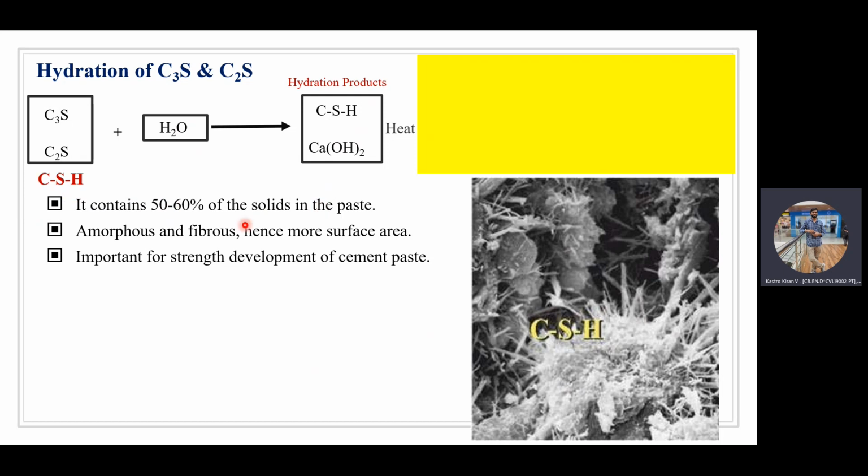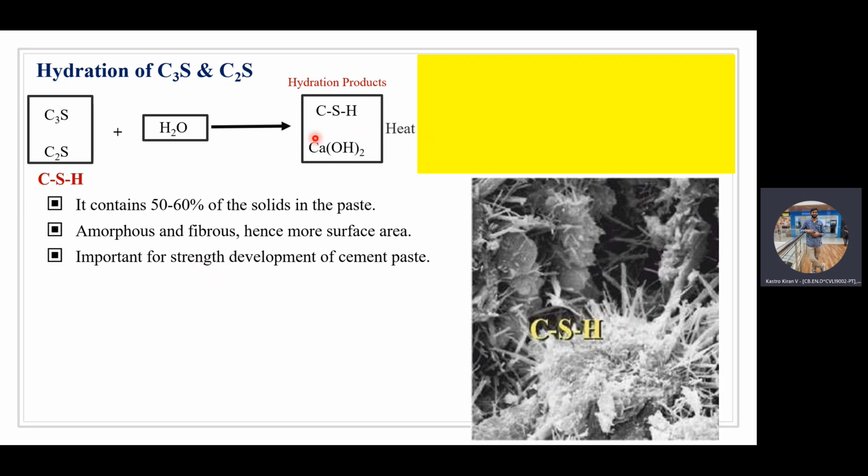It is an amorphous, fibrous material, and it will have more surface area. CSH is responsible for the development of strength. If CSH is not available at a proper rate, then the strength development will not be there for the concrete and also for the cement.